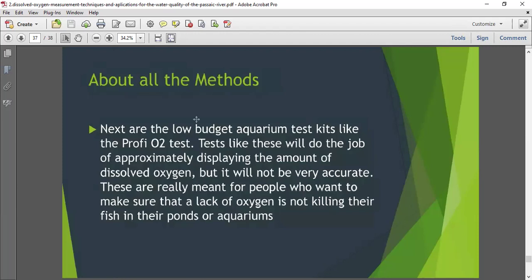Next, the low budget aquarium kits, the Profi test. Tests like these will do the job of approximately displaying the amount of dissolved oxygen, but they will not be very accurate. These are really meant for people who want to make sure that a lack of oxygen is not killing their aquarium fish.